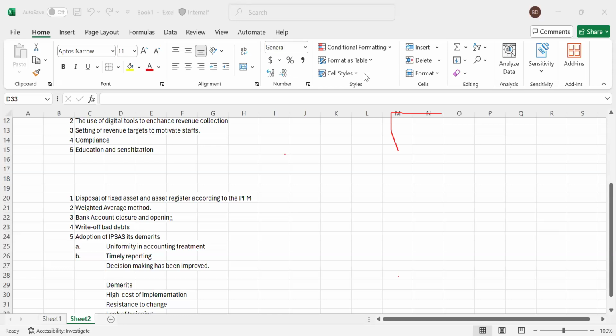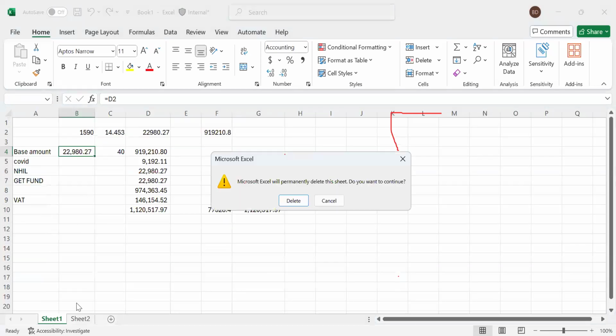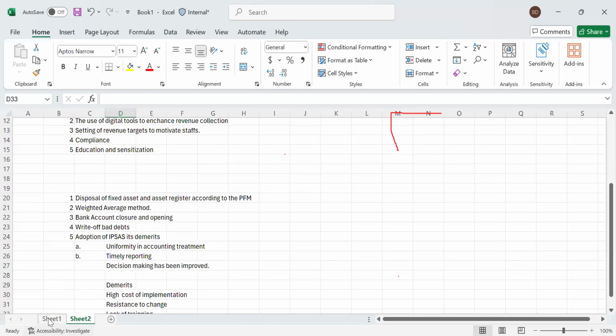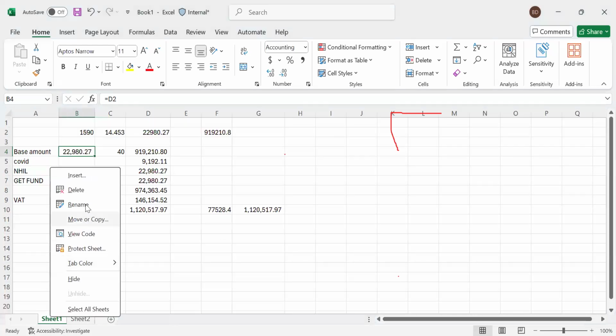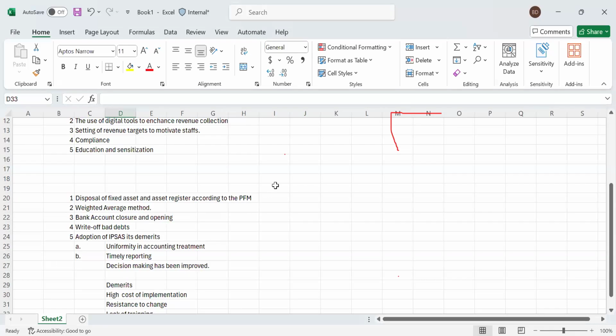The question says that inventory at 31st December 2020 has a cost of 8 million and comprises two categories.